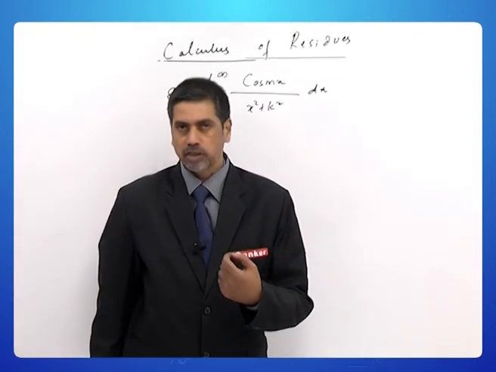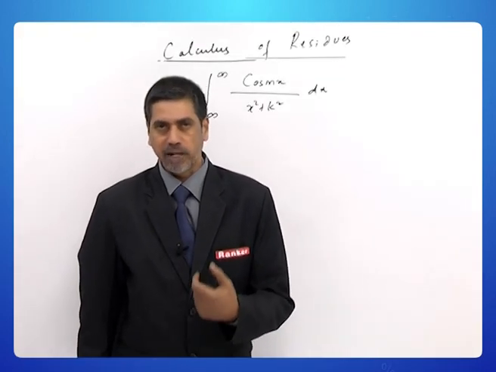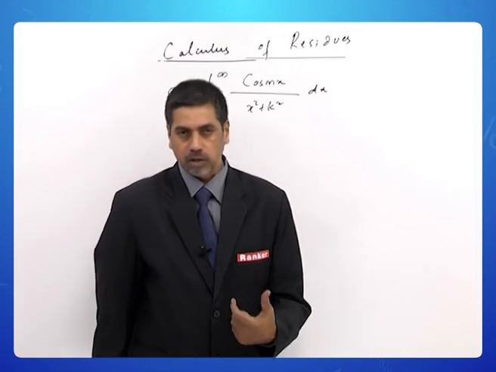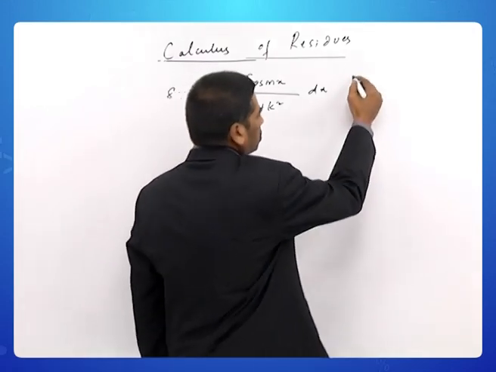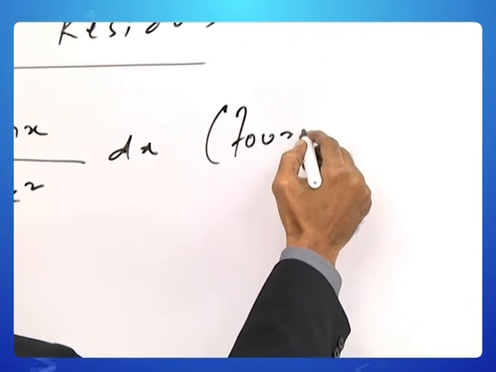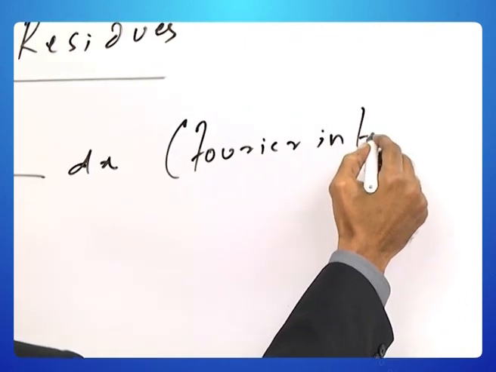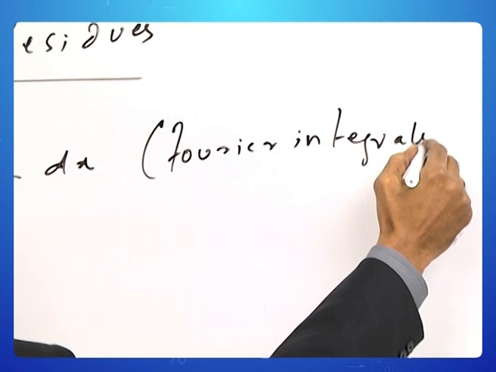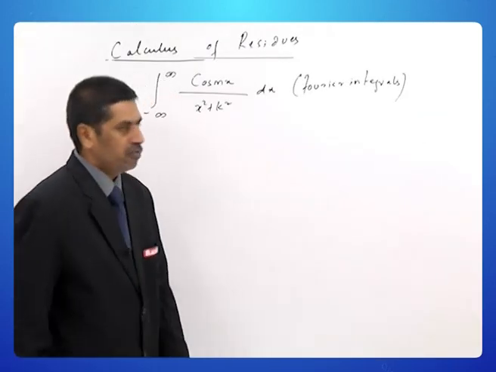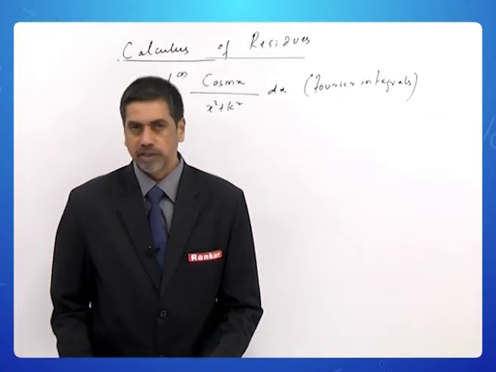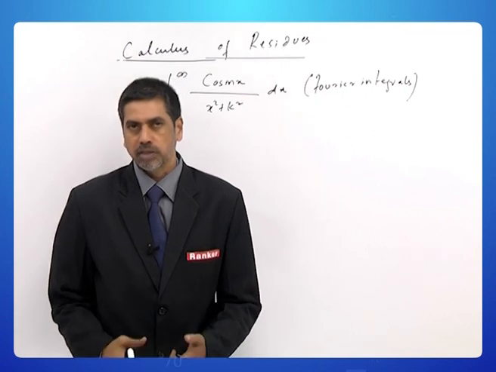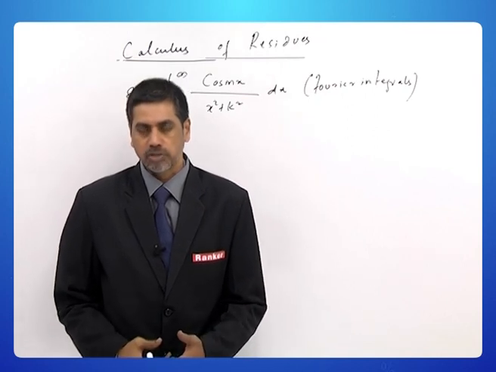So, this is the third type of real integral that I am explaining, and these integrals are called Fourier integrals. Fourier integrals are very critical in certain types of frequency analysis problems.